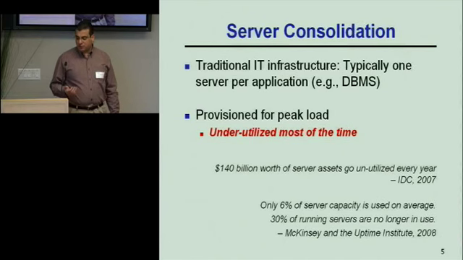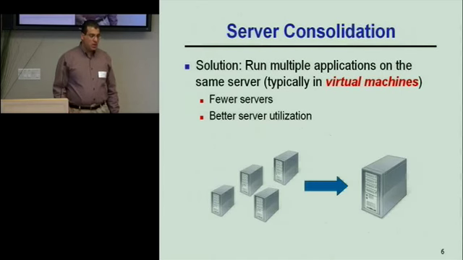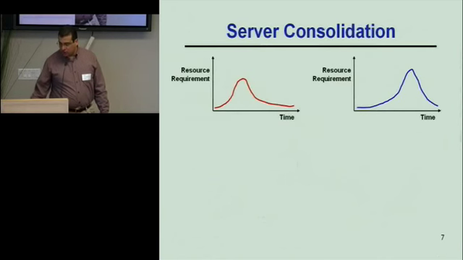And because you need to provision your server for peak load, it means that the server is underutilized most of the time. Okay? So how to improve the situation? You improve the situation by consolidating multiple servers, by running multiple applications on the same servers. Typically, each application runs in its own virtual machine, and these virtual machines share a server. What do you get by server consolidation?